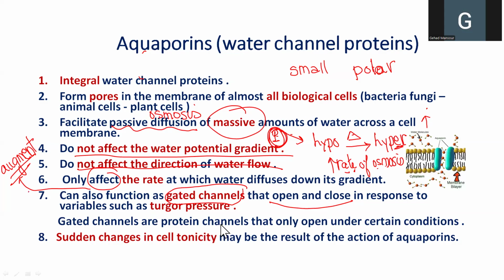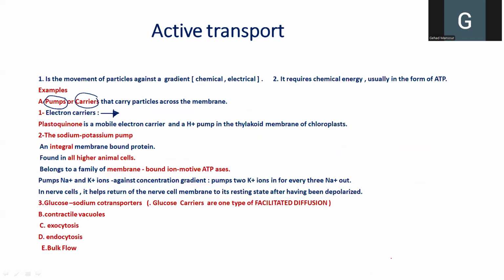We are talking now about the cell tonicity, meaning the tonicity inside the sap vacuole. If the tonicity increases in the sap vacuole, this means that we need to attract more water, so the aquaporins will open, and vice versa.